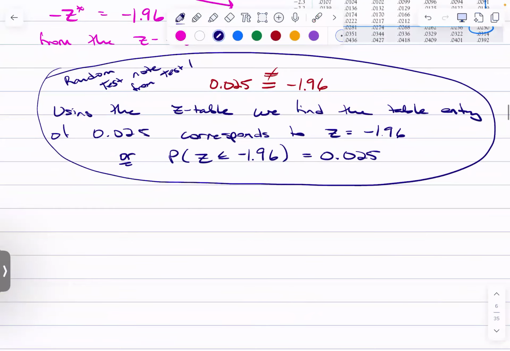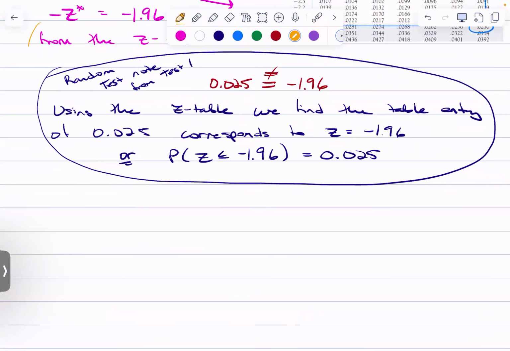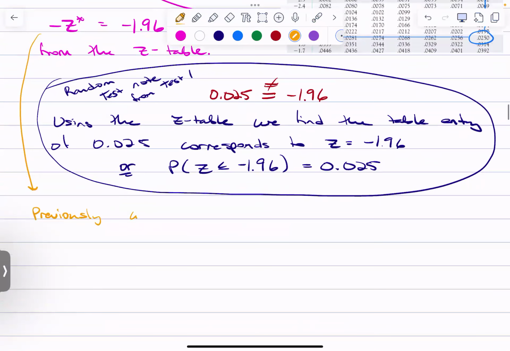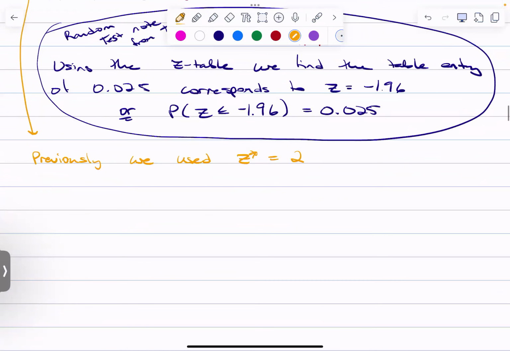And so I'll make a note here. Previously, on stat 121, we used Z star equal to 2 from the 68, 95, 99.7 rule.